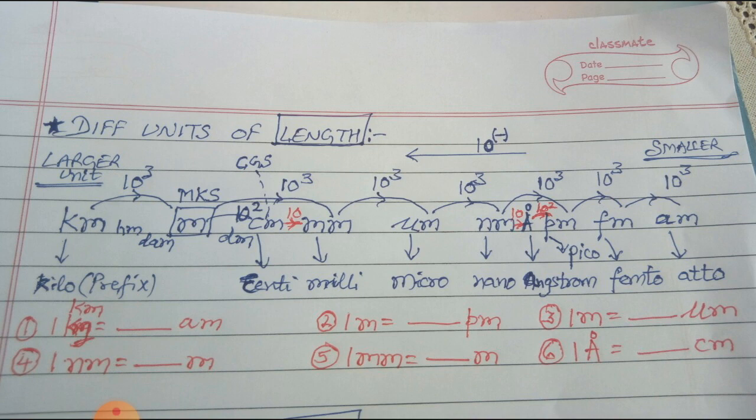When you say 1 micrometer, that is 1 μm, 1 μm equal to 10 raised to minus 6 meter. All the units, when you go from right hand side to left hand side, that is from smaller to larger, it will be 10 raised to minus.